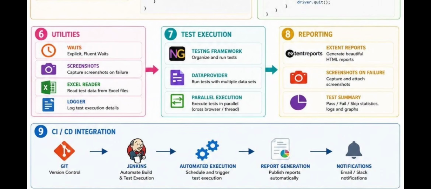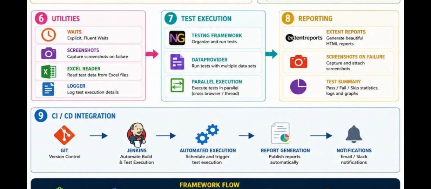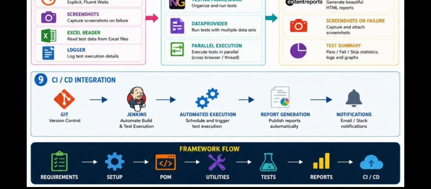Then we talk about the test summary. In the report we show which test cases passed, failed and skipped, along with statistics, logs and graphs. Finally, we integrate our framework with CI/CD tools.